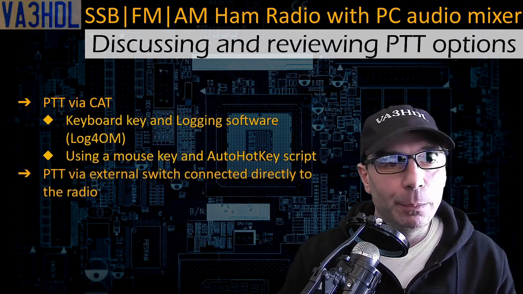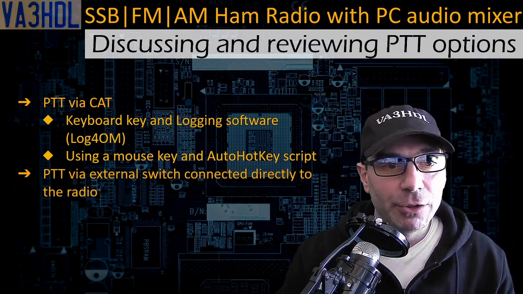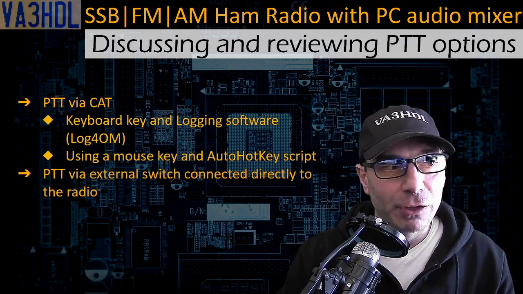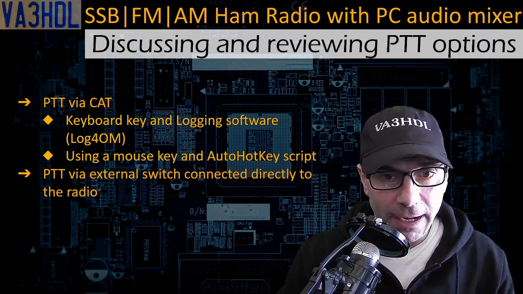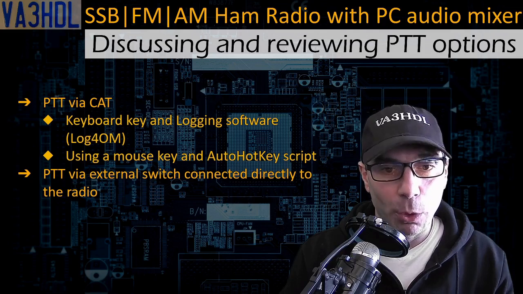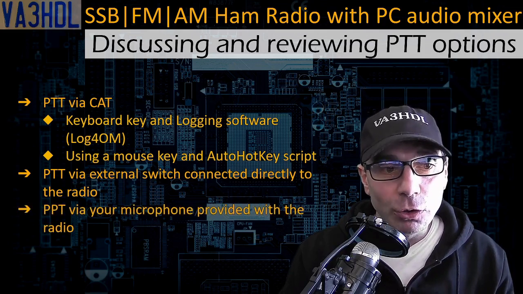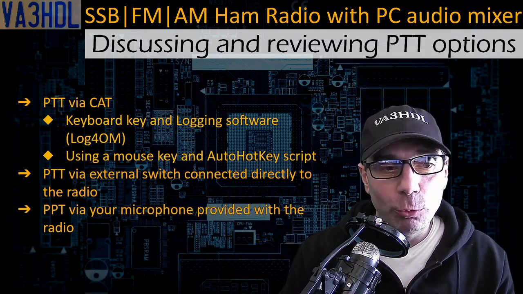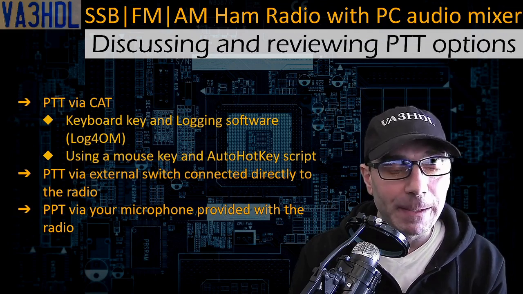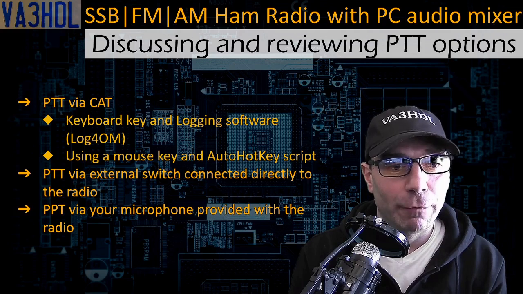Another option is to PTT via an external switch connected directly to the radio. The majority of radios let you connect any external switch, like a foot switch or things like that, to put the radio into transmission mode. You can also use the microphone that has been provided with your radio to do the PTT, by pushing the switch on that microphone.